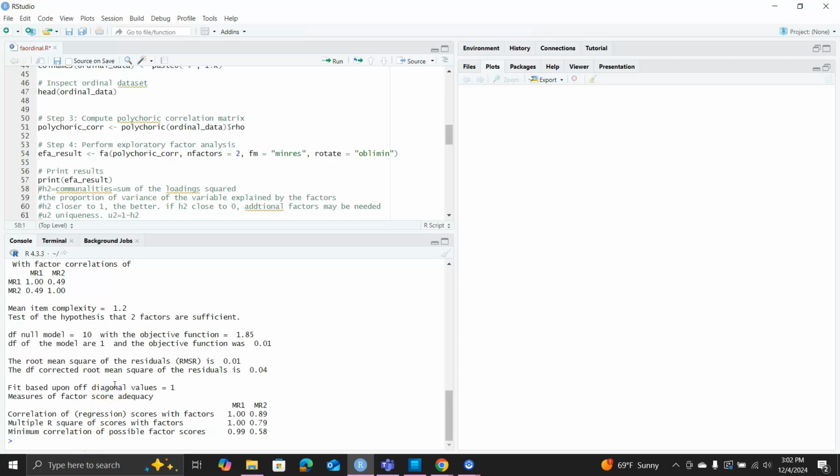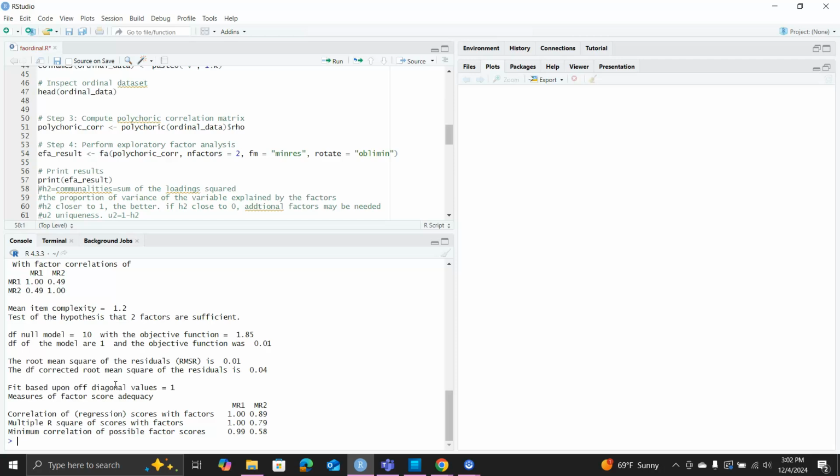And then when you work with factor analysis, factor models or structural equation models, you will get a list of model fit statistics and indices. One of them is the root mean square of the residuals, RMSR. A rule of thumb, if it's less than 0.05, it's a good fit. So here we have 0.01, so our two-factor model is good.